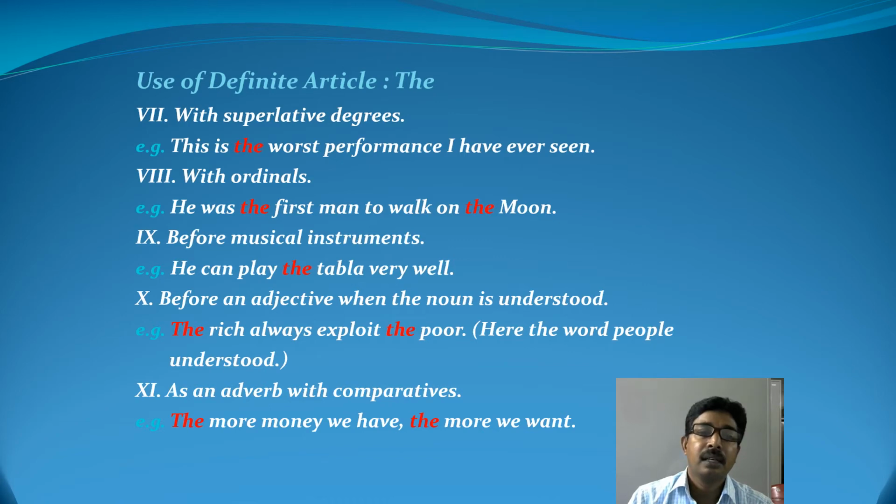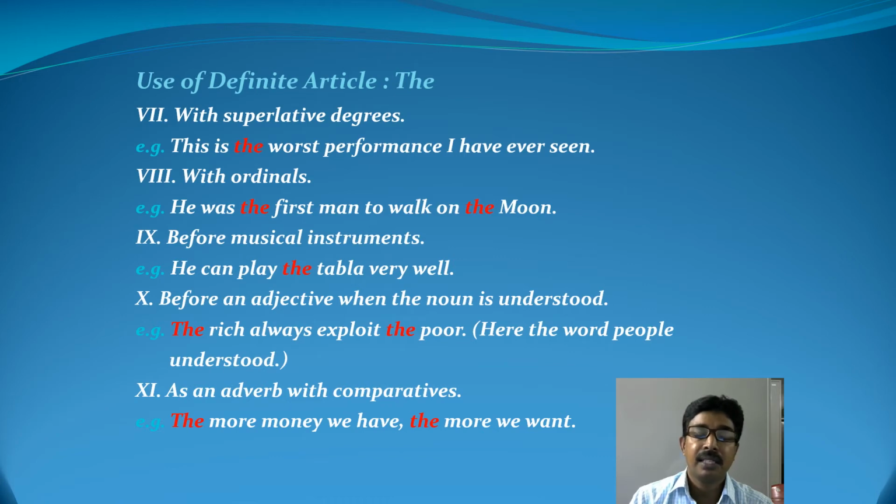And the is used before musical instruments. For example, he can play the tabla very well. Here, before the names of the musical instruments, the definite article the is used. And before an adjective, when the noun is understood, the definite article the is used. For example, the rich always exploit the poor.